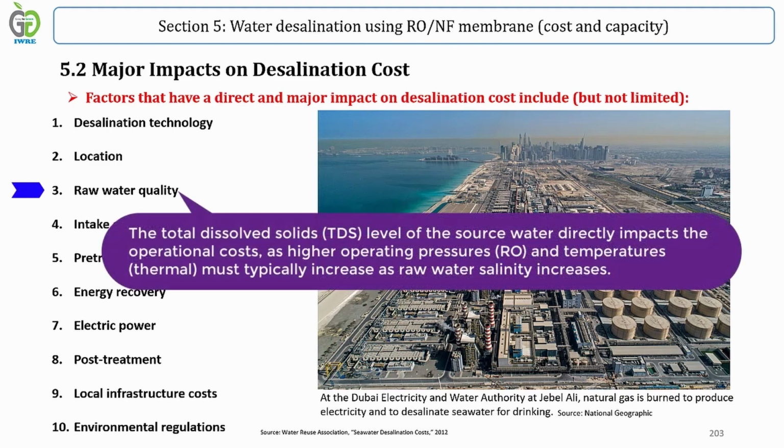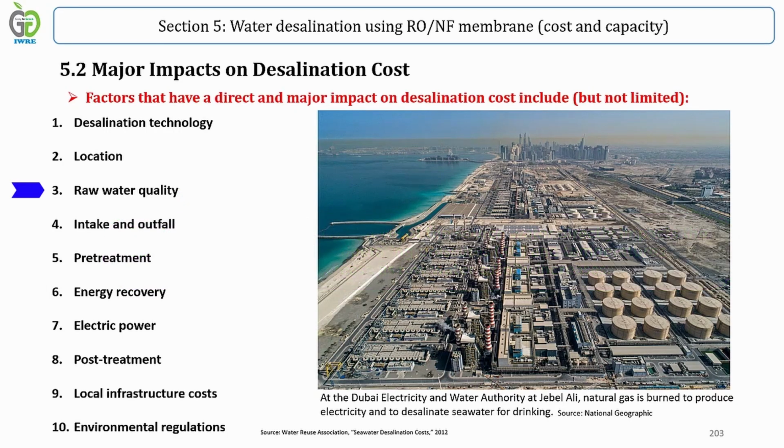The total dissolved solids level of the source water directly impacts the operational cost, as higher operating pressure and temperature must typically increase as raw water salinity increases. Higher raw water salinity may also reduce the feasible product water recovery of raw water for both reverse osmosis and thermal systems.